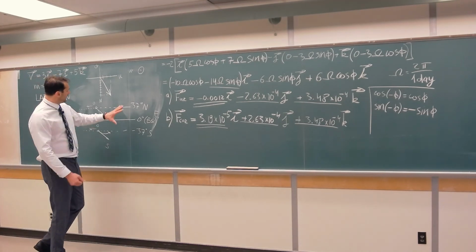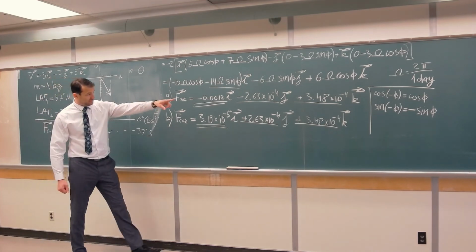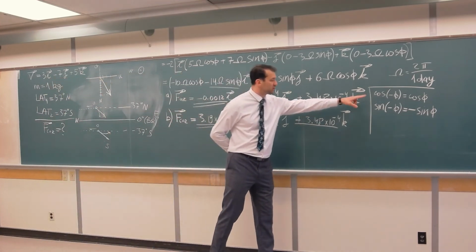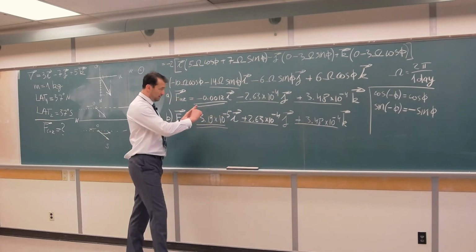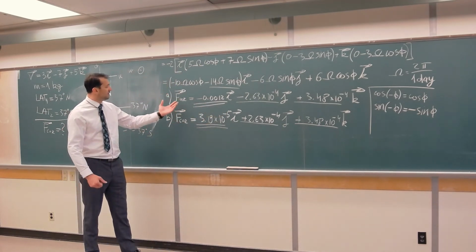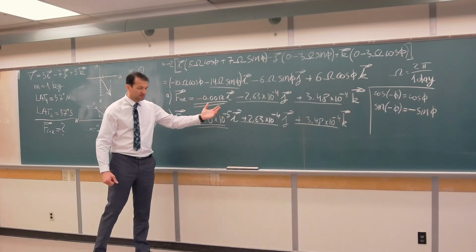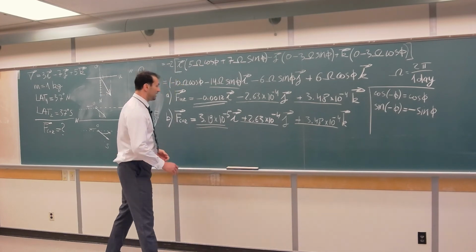So I hope this, together with the mathematical properties of the cosine and sine, helps you to understand this very nice relation between the Coriolis force in the Northern and Southern Hemisphere.